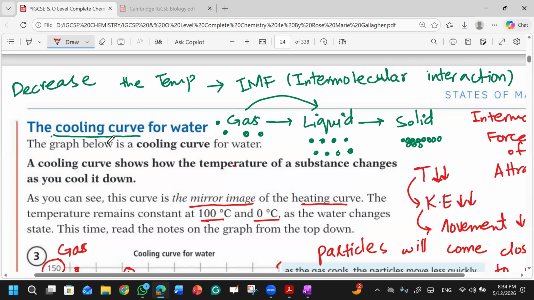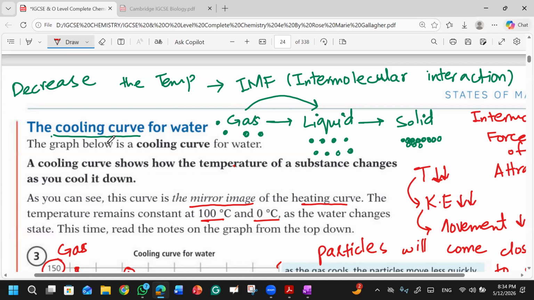And when something cools, like you have a cup of tea or a cup of coffee, what happens after 5 or 10 minutes? It cools down. Why? Because the heat in that cup was released into the surroundings, right? Have you observed that? That is how cooked food cools down after a few minutes, because all the heat which was being absorbed by the food will be released into the surroundings.